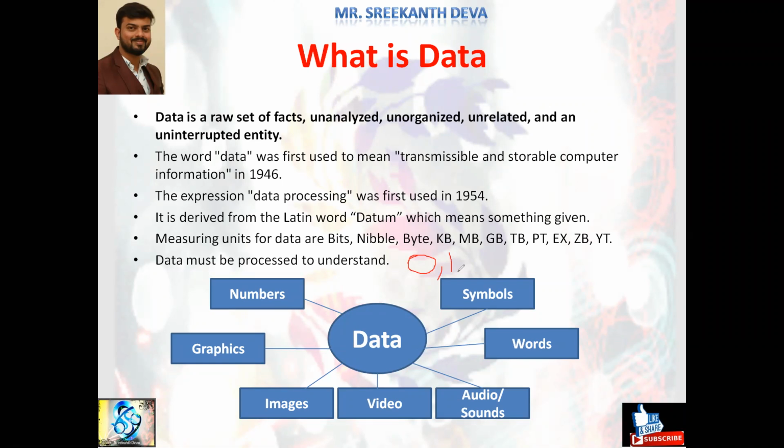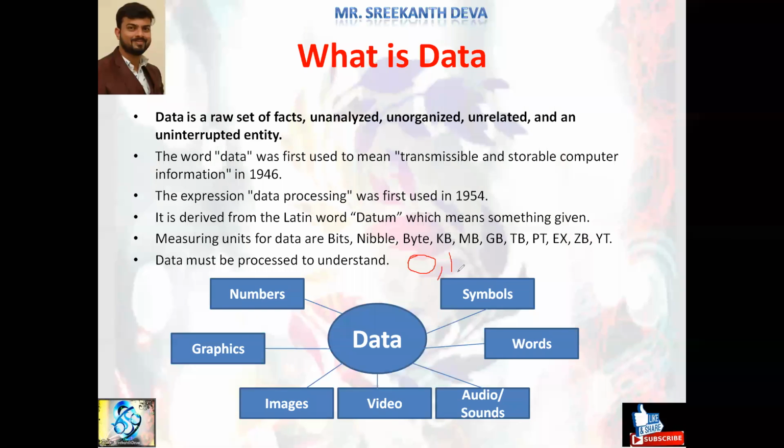But in computer, just remember zeros and ones representation. First point. Second point, the machine understands binary language or binary format, represented by zeros and ones.